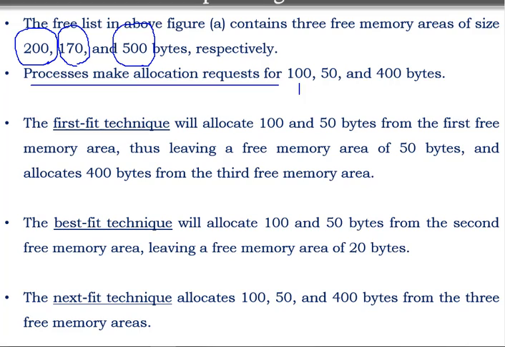The first process requires 100 MB of memory, the second process requires 50 MB and the third process requires 400 MB. It is the responsibility of the operating system to allocate memory for the newly arrived processes.